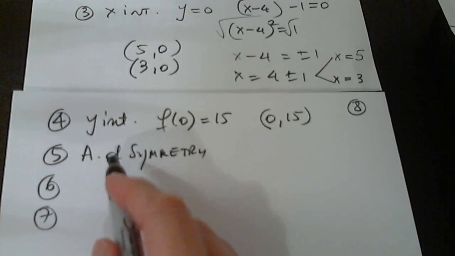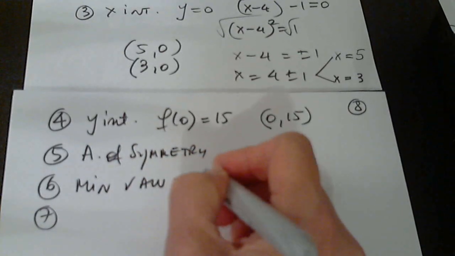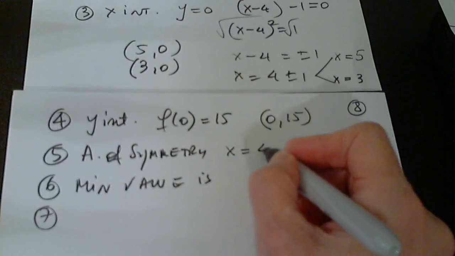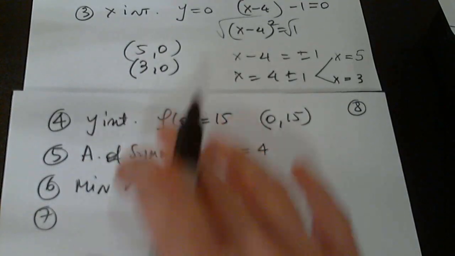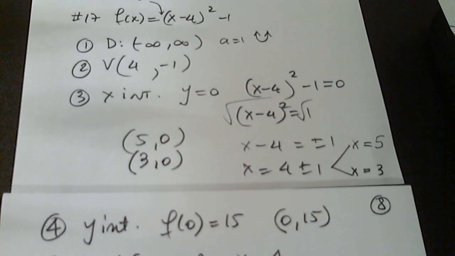So can anyone give us the axis of symmetry and then the minimum value? Four. Yes, indeed, x equals 4. And the minimum value is? Negative 1. Very good.